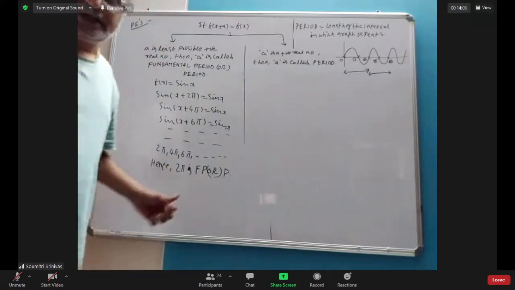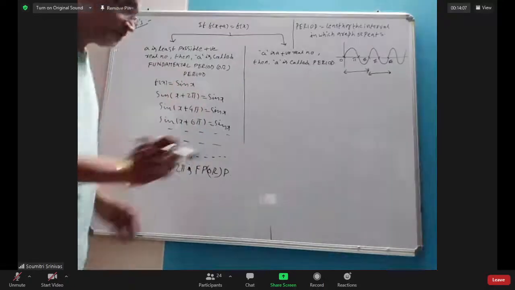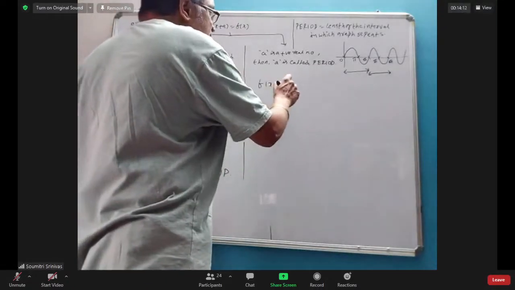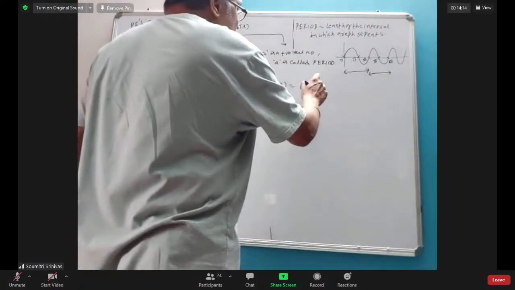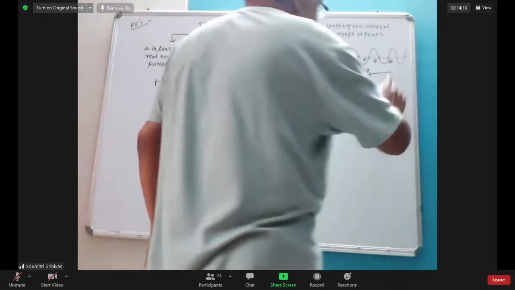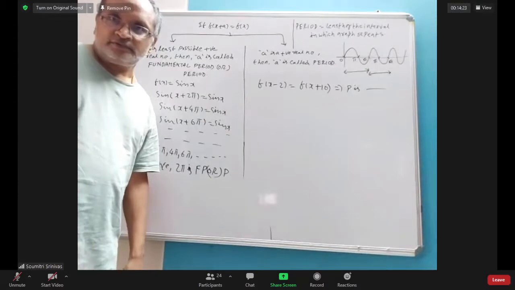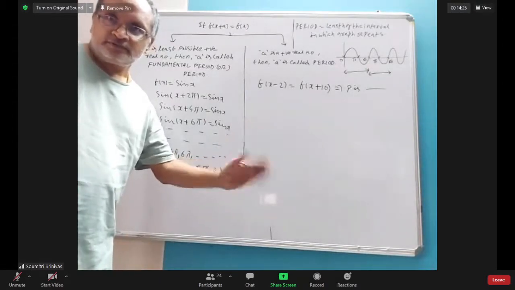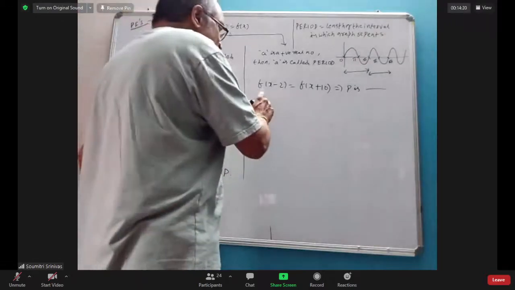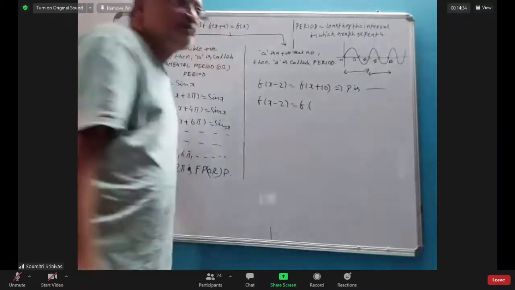In some books they write fundamental period also. That's why I want to differentiate. Next, look at this: f of x minus 2 is equal to f of x plus 10. Period is that. How do I write this?